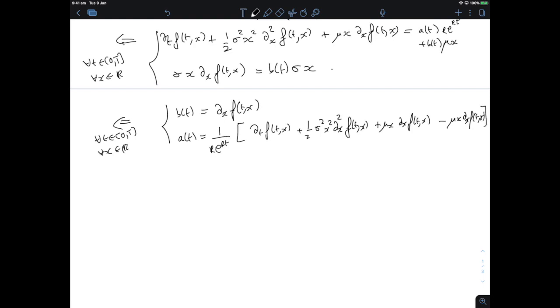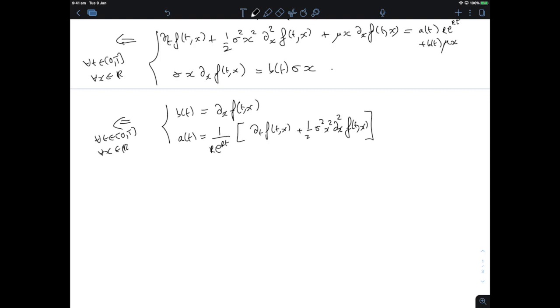Which is nice because this cancels with that. Okay, so we have a formula for A_t and for B_t in terms of the partial derivatives of f. So if we can find f, we'll certainly have our replicating portfolio. But can we find f?